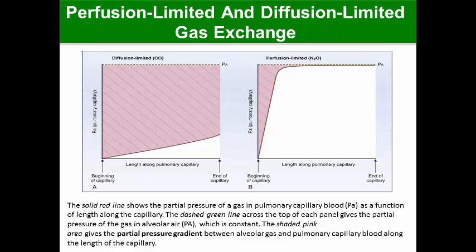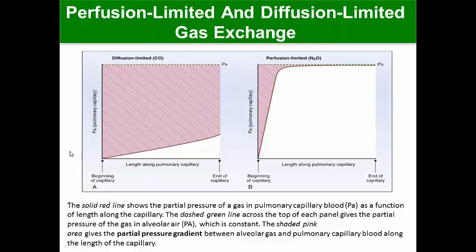Now, the dashed green line across the top, this is the partial pressure of the gas in the alveolar air. And this doesn't change. As you can see, it remains constant.